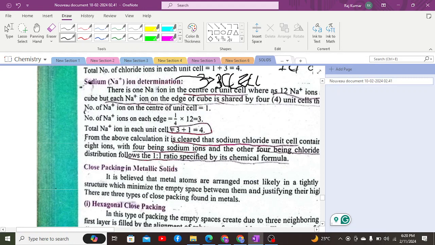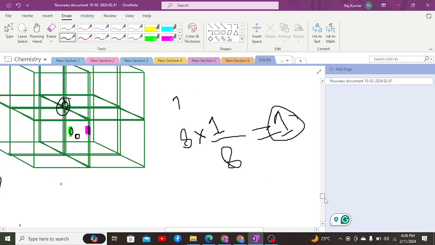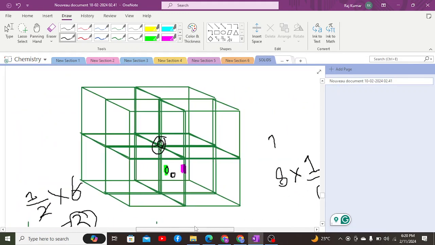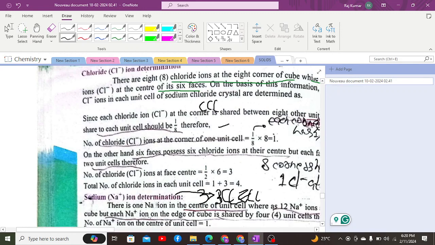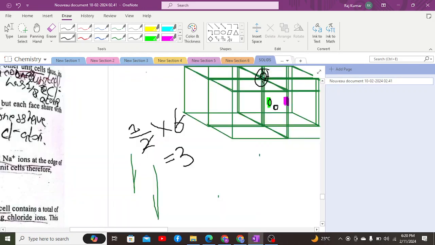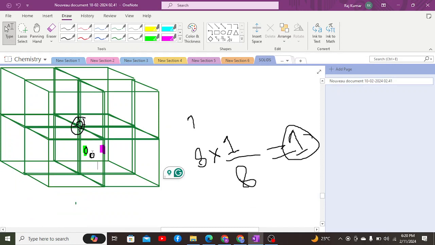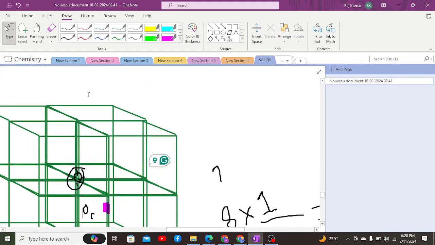Whereas the edge centered cubic can be classified in such a manner that there are 12 edges. Let me try to draw the structure over here again.